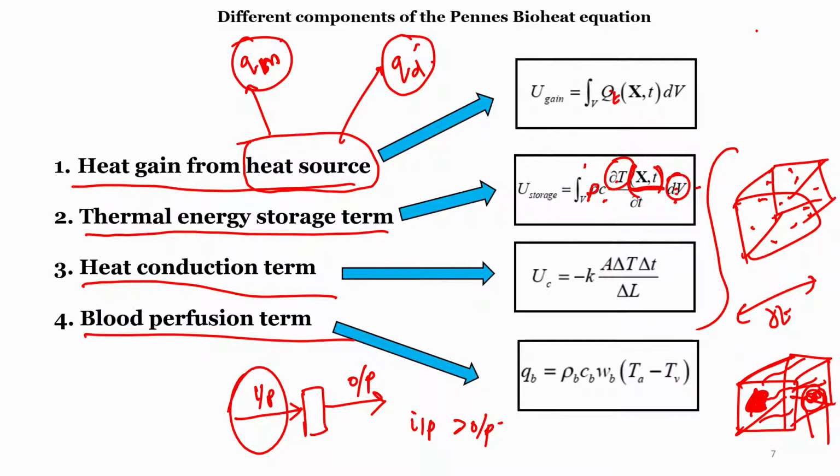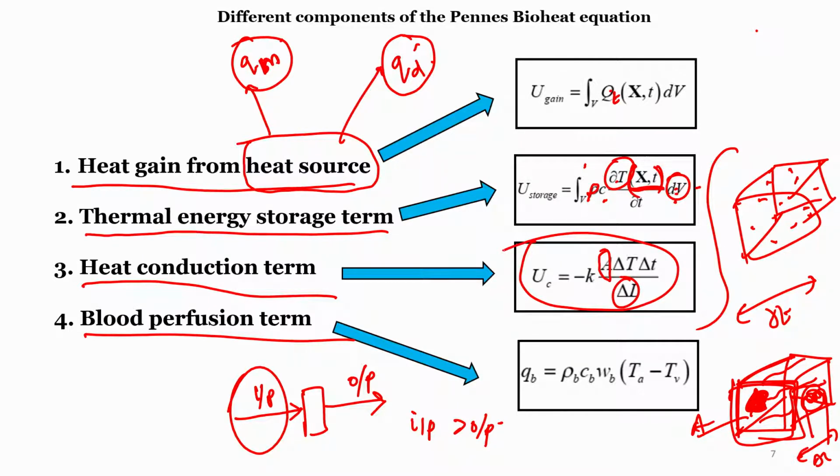The time it takes, or the total amount of energy required to elevate a particular quantity of tissue to a particular temperature, depends on the dimensions of the tissue, A and delta L. This would be A, and the width of the tissue would be delta L. So, A delta T by delta L: for a given rise in temperature and a given thermal conductivity of the tissue, how much energy will be conducted in a given time, that is what this term is doing.